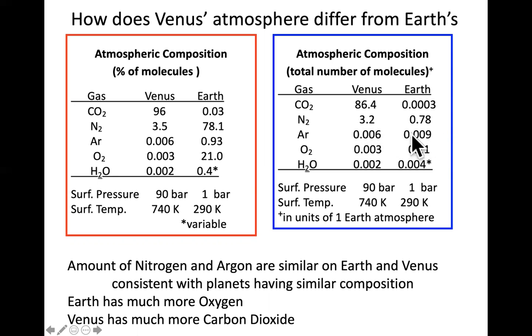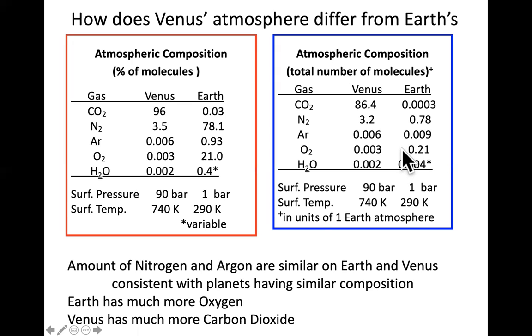They have the same kind of amount of argon, 0.006, 0.009. The real radical differences are Earth has 100 times more oxygen, and Venus has 100,000 times more carbon dioxide. So this is the difference we have to explain.